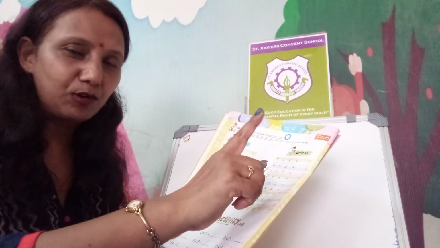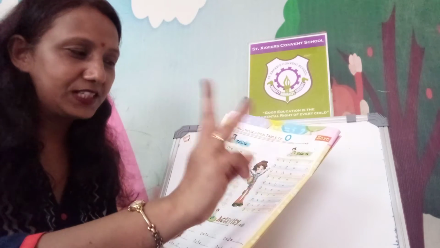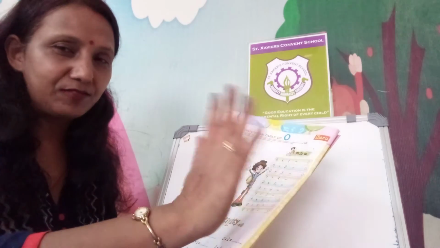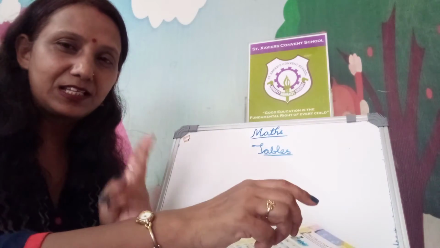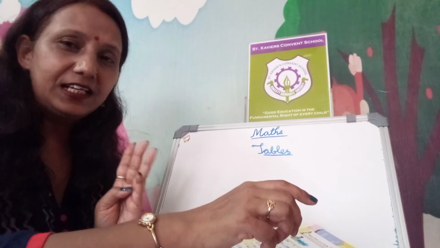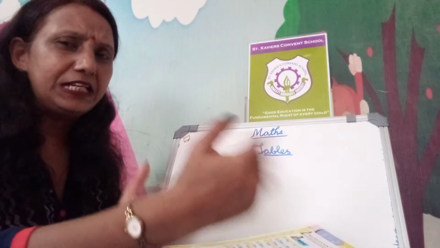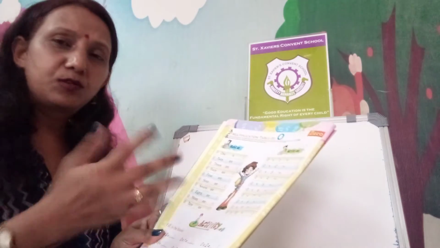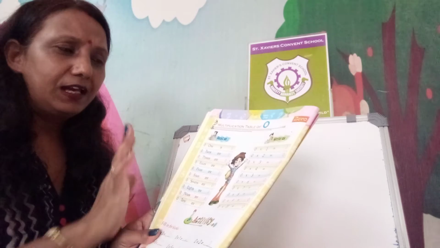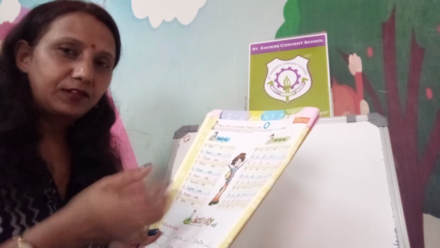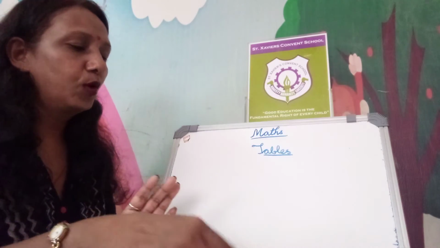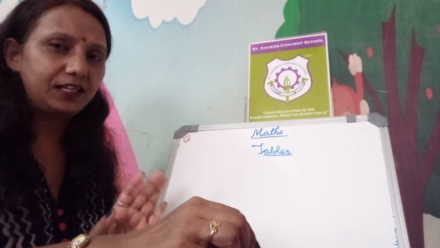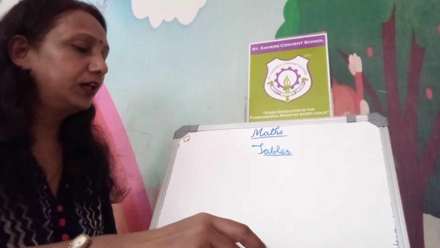1 time is 0, 2 times is 0, 3 times 0, 4 times 0, 5 times 0, 6 times 0, 7 times 0, 8 times 0, 9 times 0, 10 times 0. However many times you count 0, 0 means nothing. There is no digit there.